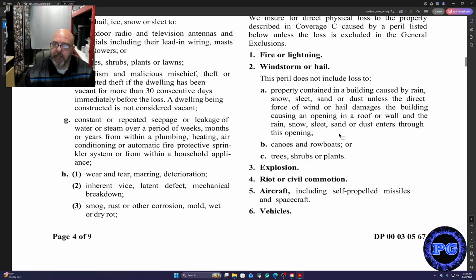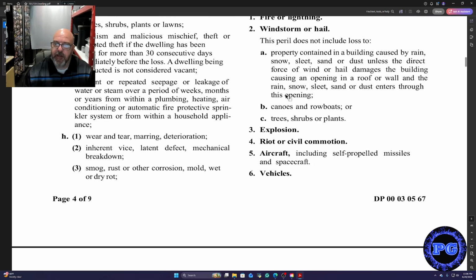Meaning, you leave your windows open, and you did that, then you might not get covered for that, right? Something has to break the window, or the roof has to fly off, and then the stuff goes in, right? So, your canoes, your rowboats, is not included, right? Your trees, your shrubs, your plants, this is all part of windstorm and hail, right?